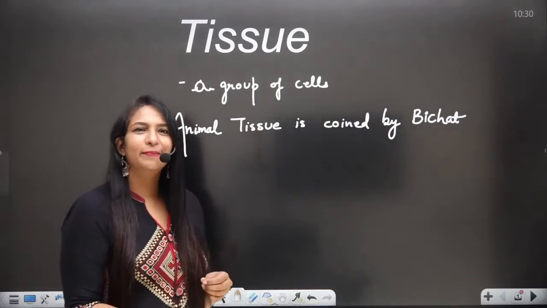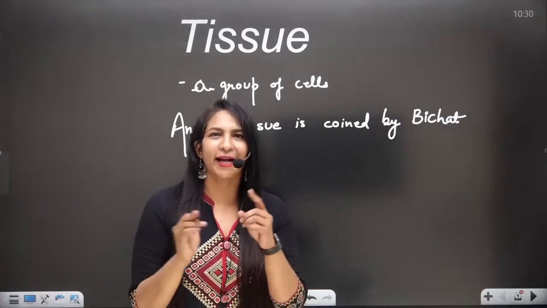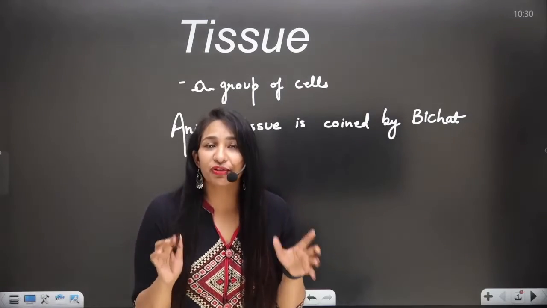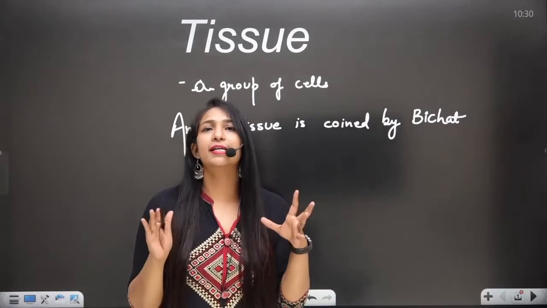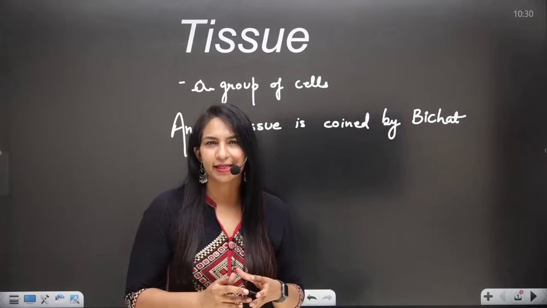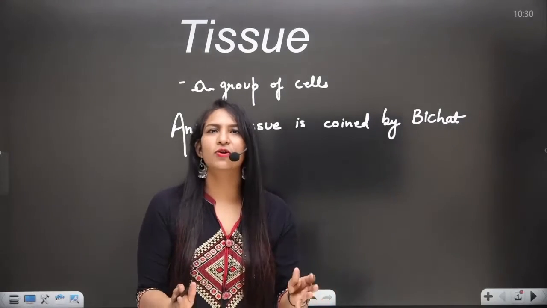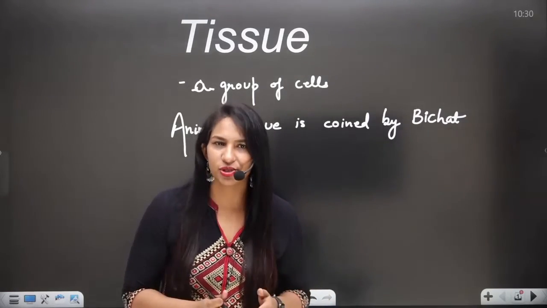Right? So the term animal tissue is coined by Chet. And the study of tissue is known as histology. जब आप tissue की study करते हो, उसे क्या बोलते हैं बेटा? We used to call it histology.